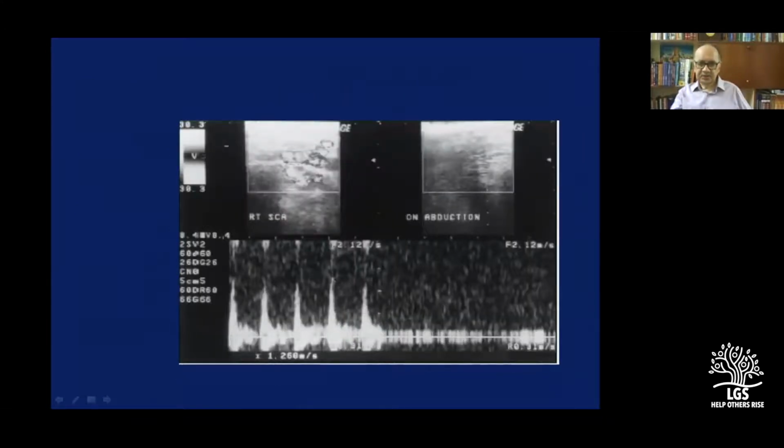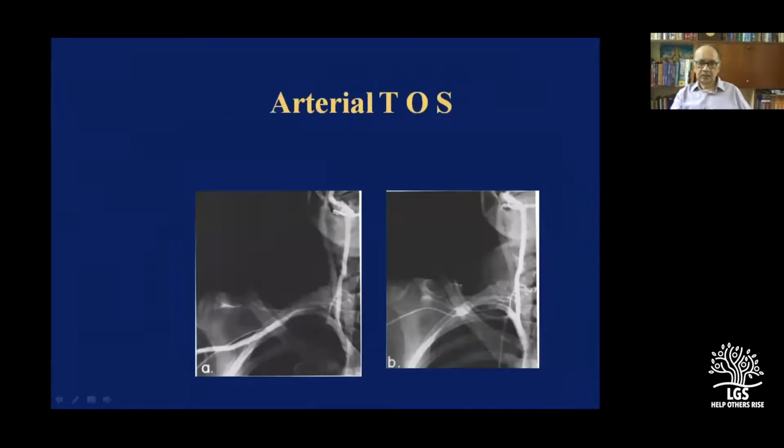This is also a duplex scan. For arterial TOS, from the aorta you take the external carotid, internal carotid and both the divisions of the carotid arteries, all four vessel angios. It shows all the arterial flow, and you can see the compression at the level of the subclavian.